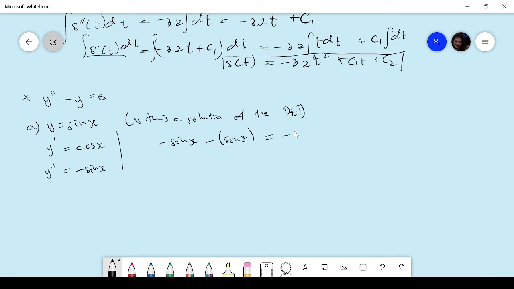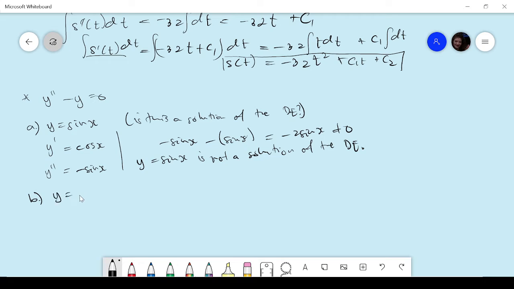This is equal to minus 2 sine of x, which is not equal to 0. So y equals sine of x is not a solution of the differential equation.